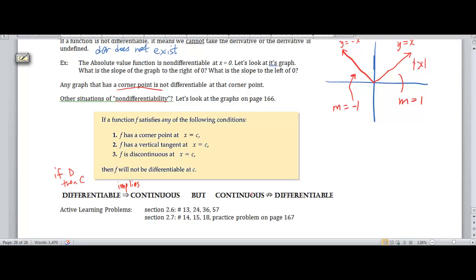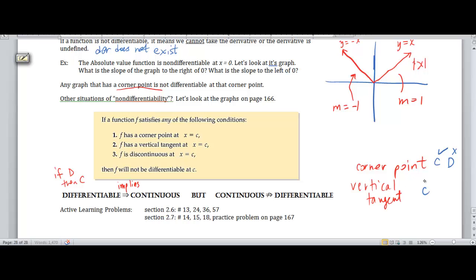Well, let's look at one of these three points. A corner point. At a corner point, is the function continuous? Yes. It's continuous, but it's not differentiable. How about a vertical tangent? Is it continuous?